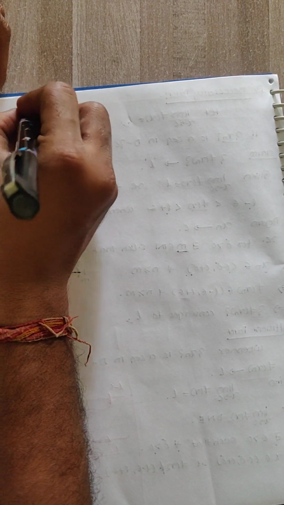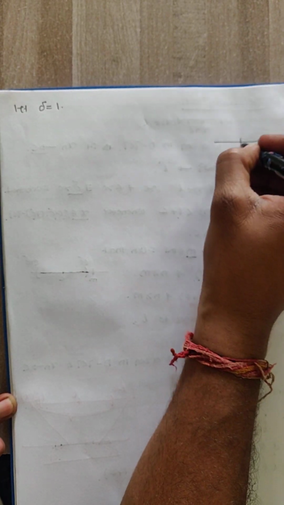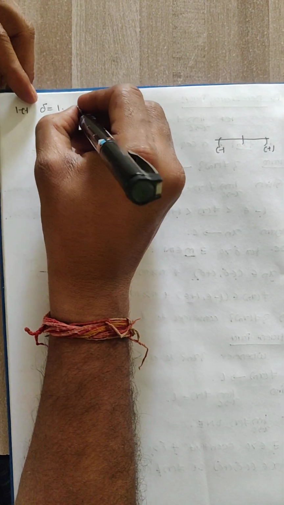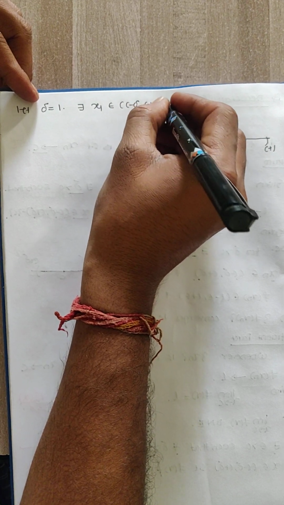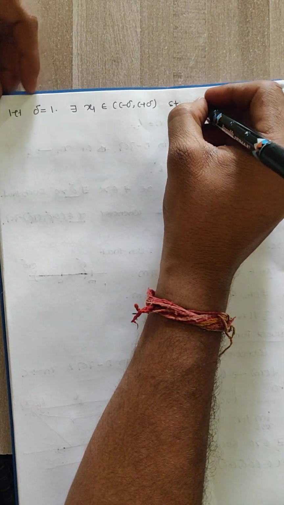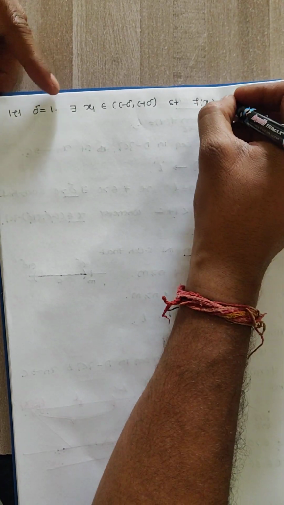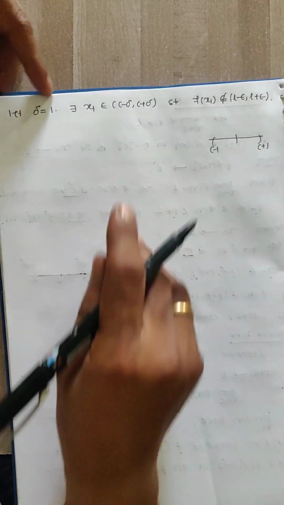So first of all, let delta be equal to 1. So C minus 1, C plus 1, there exists a point x1 belonging to C minus delta to C plus delta such that f of x1 does not lie in L minus epsilon to L plus epsilon.